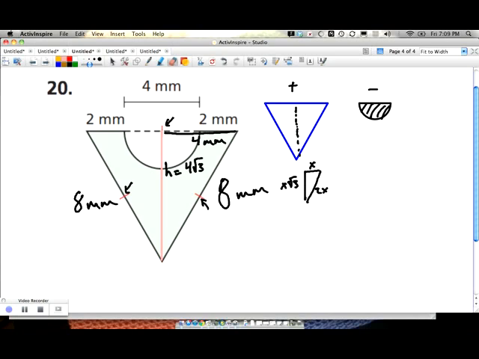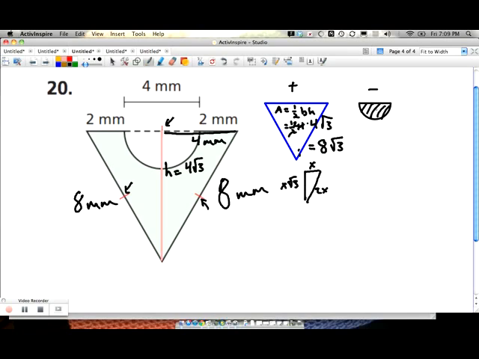So the area of this triangle is 1/2 base times height, which equals 1/2 of 4 times 4 root 3. I'm running out of space. I thought I could fit it in here, but that's okay. That means I'm going to have 2 times 4 root 3. In the end, I'm going to get 8 root 3 is the area of that triangle.